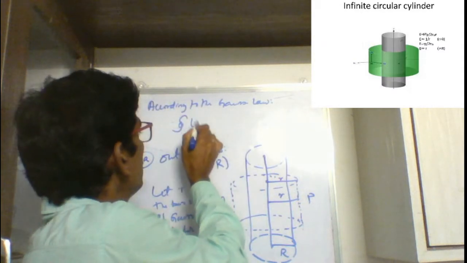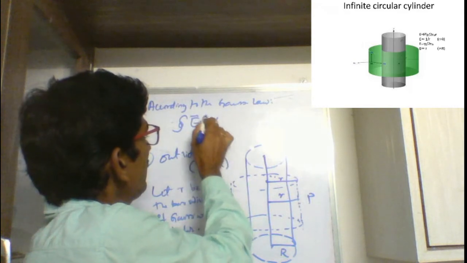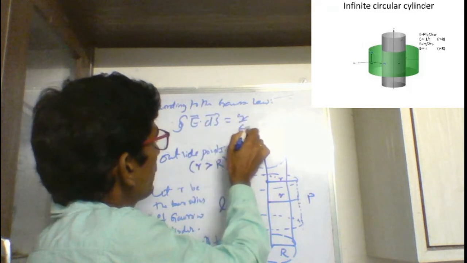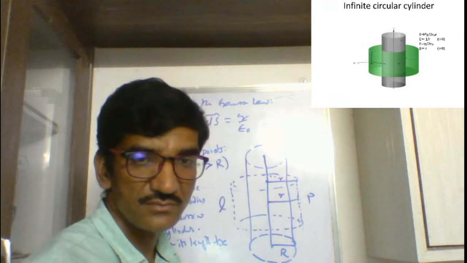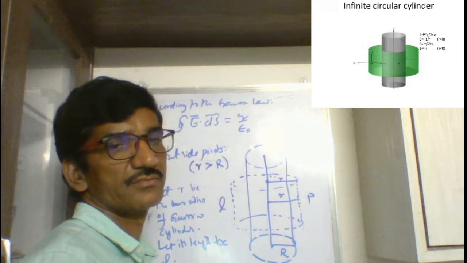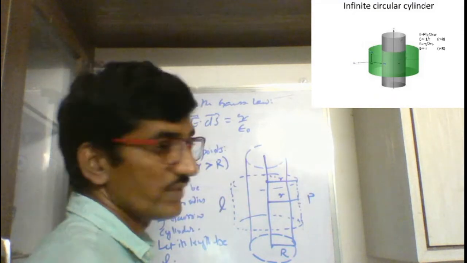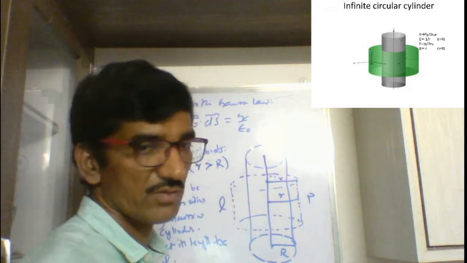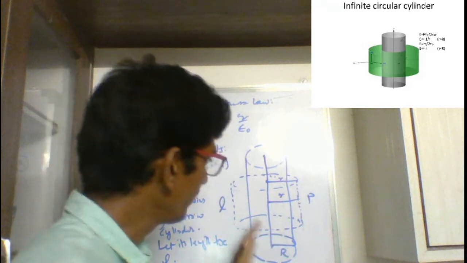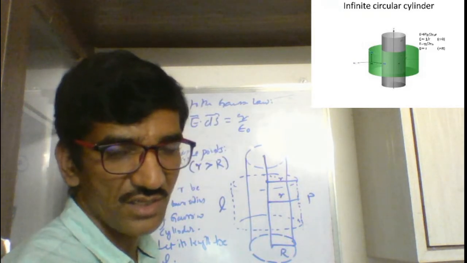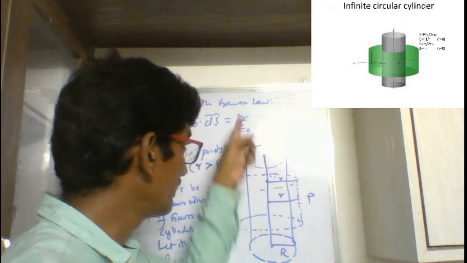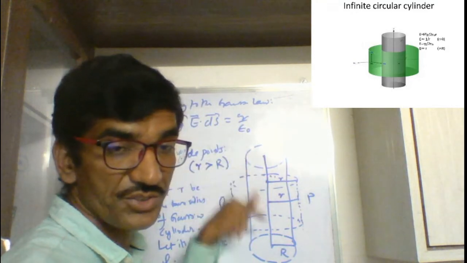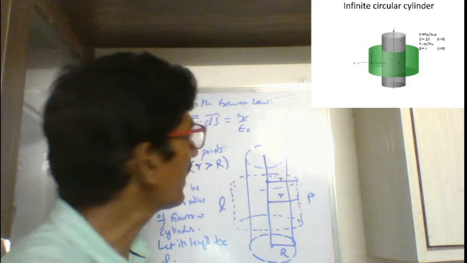Integral E dS is equal to q by epsilon naught. Now we have to modify this formula based on our problem, that is a charged cylinder. See, it is a general formula. What is q in our particular case? That you have to find.